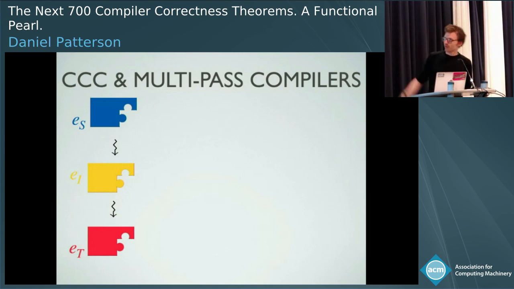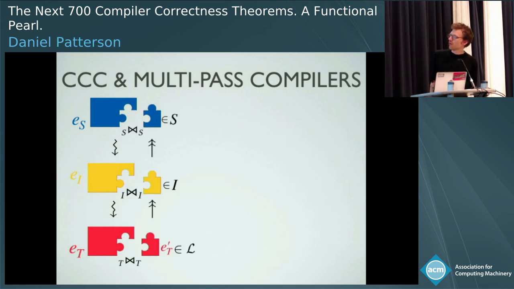So the idea is if you have a source component ES and you compile it to some intermediate language component EI, and then you compile that to a target component ET in the target language T, if you actually prove that each of these passes satisfies our CCC definition, and in particular, you prove it where each of the lift functions is actually a back translation, which Thomas was talking about.